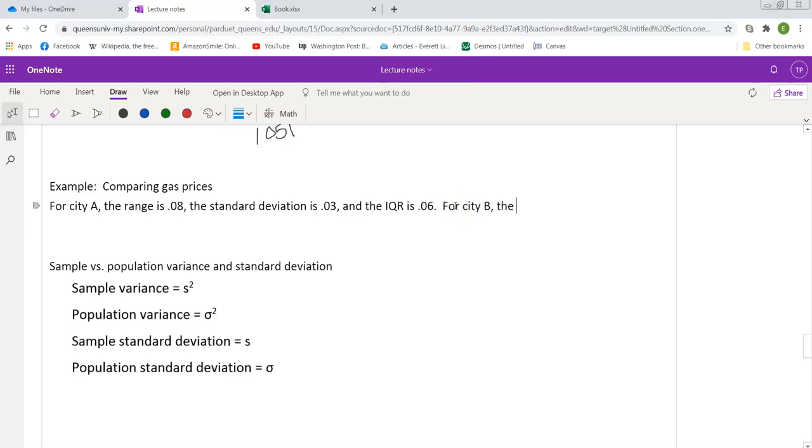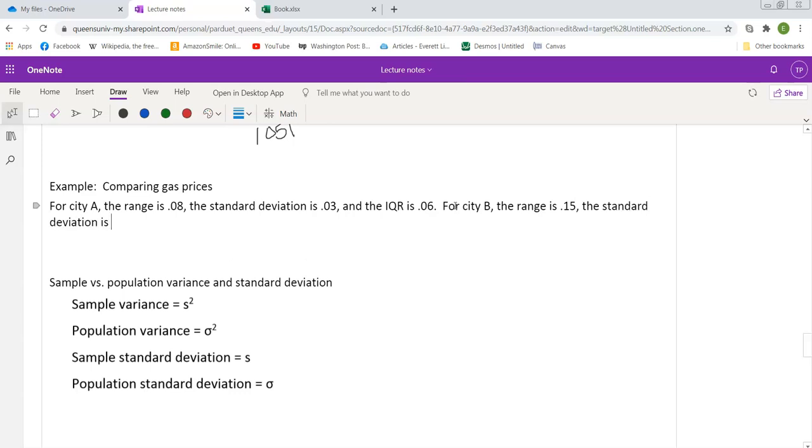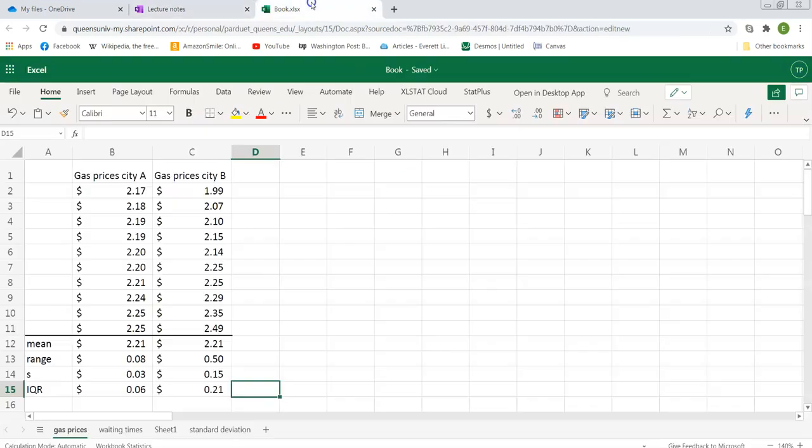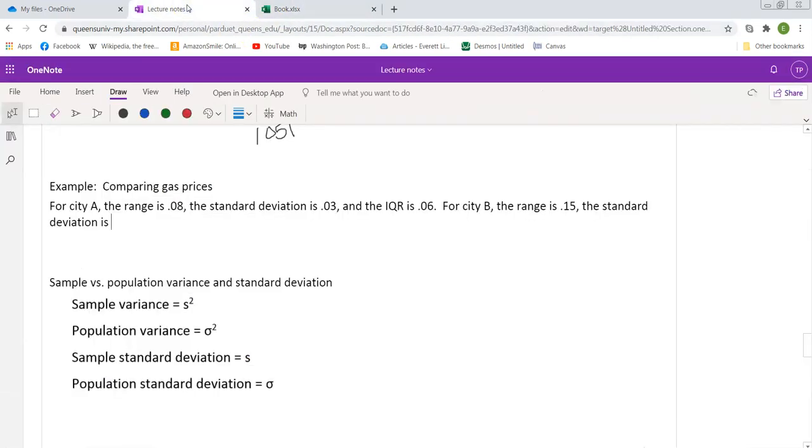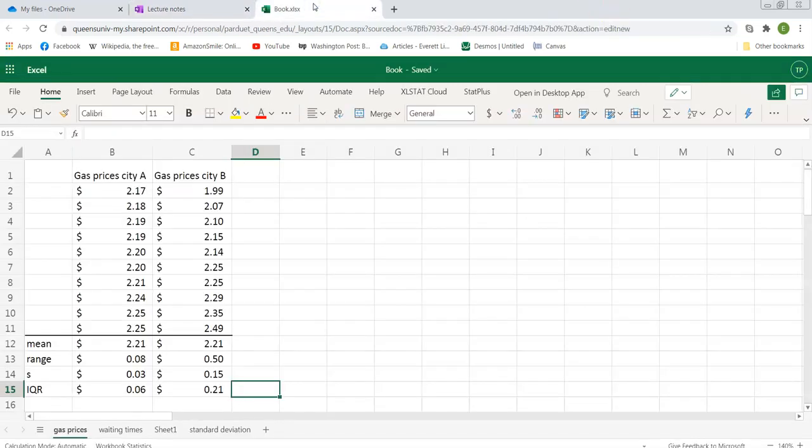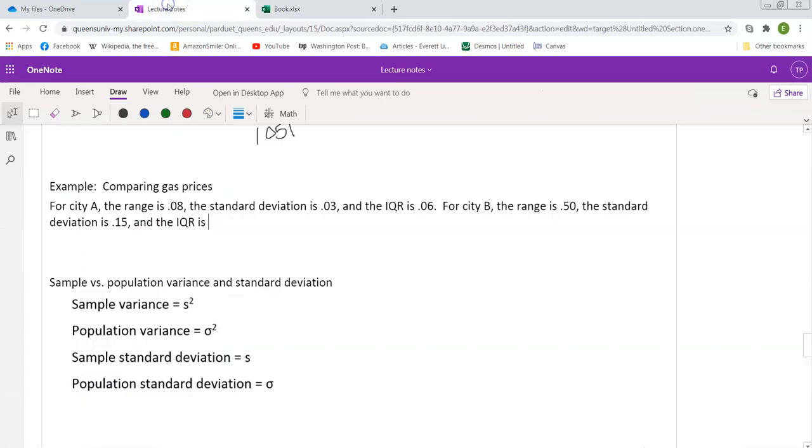For City B, the range is, I think we said 15 cents. The standard deviation, I'll check. Oh, the range was 50. The standard deviation was 15. And the interquartile range is 21 cents.